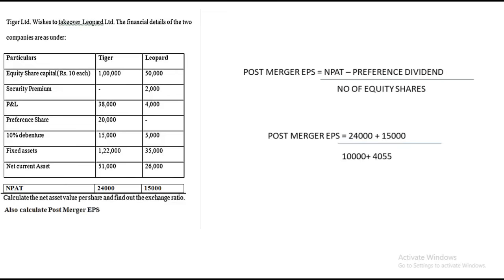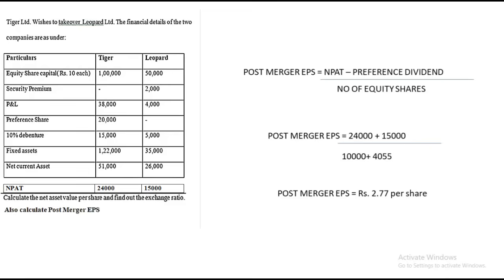So the post-merger EPS is 24,000 plus 15,000 upon 10,000 plus 4,055. Once we add and divide, we'll get a final answer of rupees 2.77 per share. That's the new EPS or post-merger EPS.